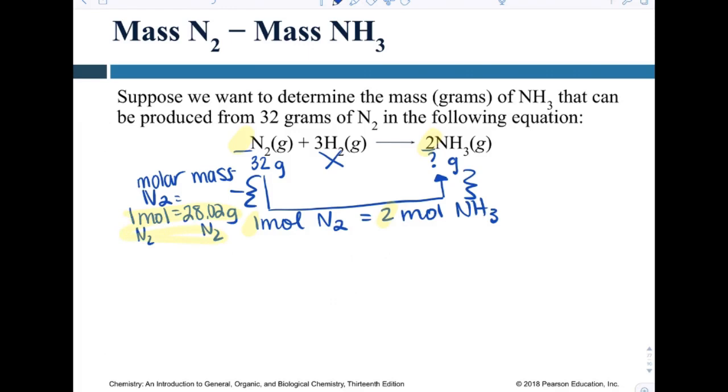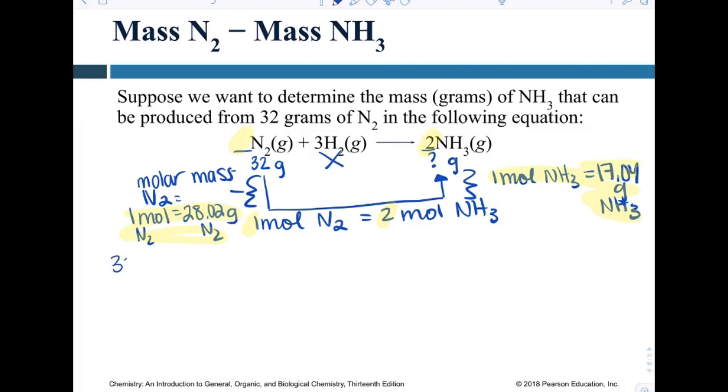And the molar mass of ammonia, so 1 mole of NH3, is equal to 17.04 grams of NH3. And where do I get this from? If you recall from the first part of the video, you get this from the periodic table, adding up those masses. So now I have all my conversions, and I'm going to start.